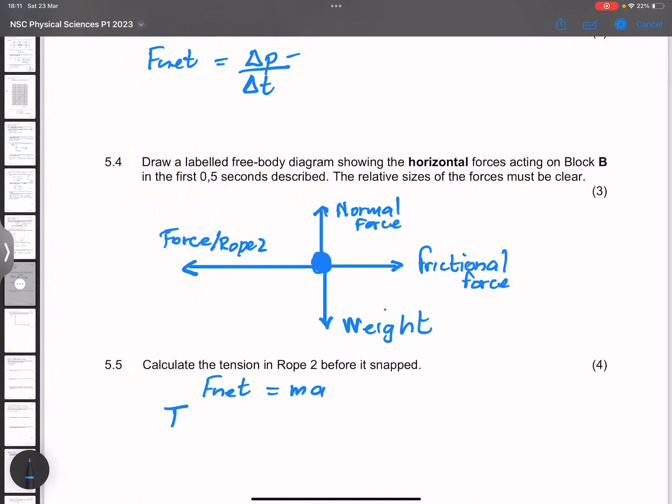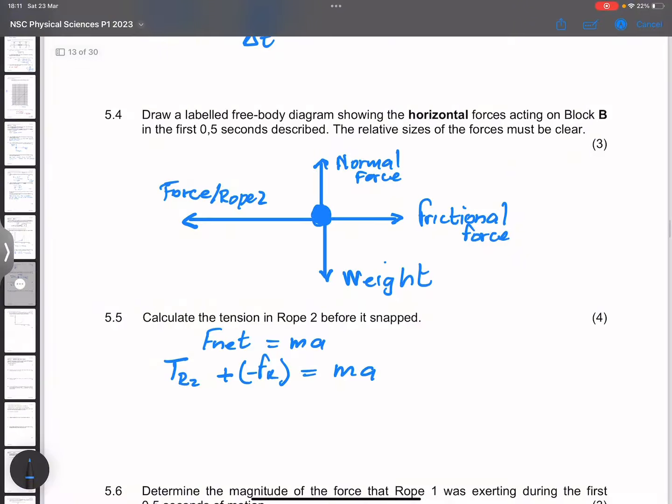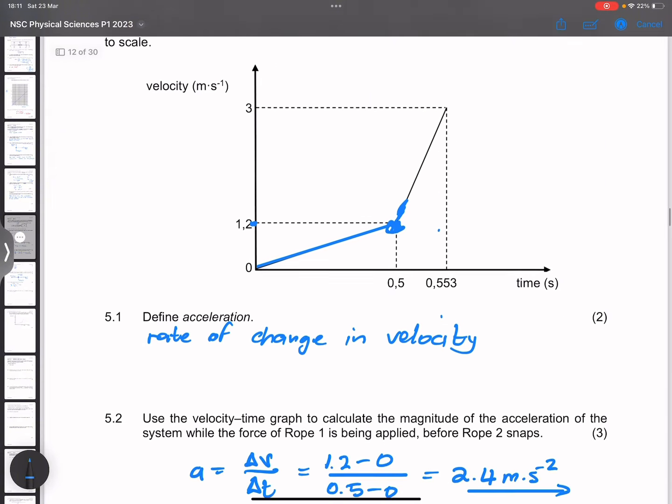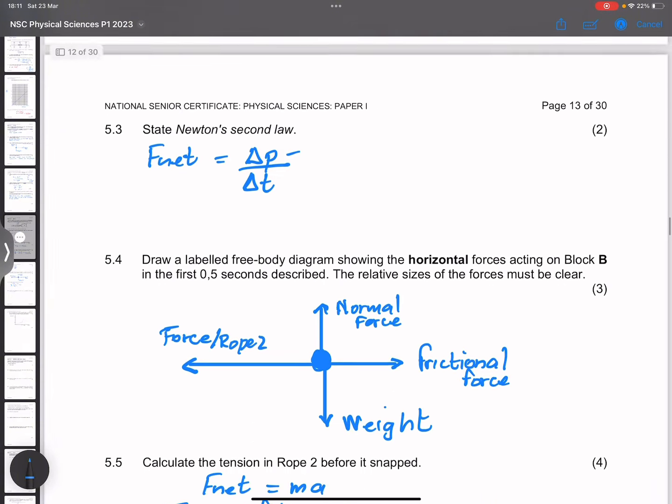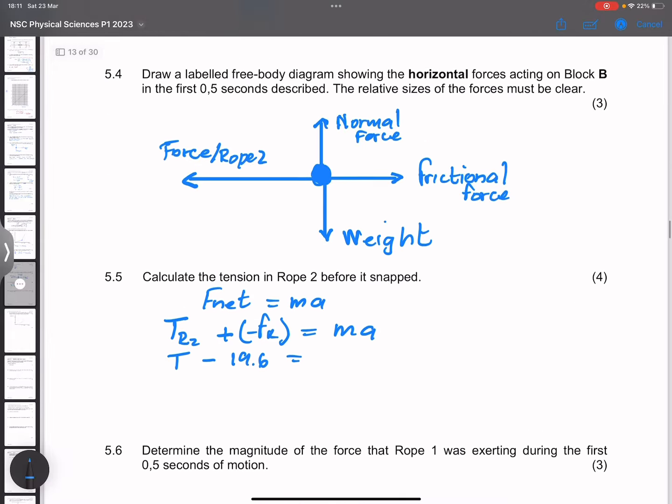It's going to be the tension of rope 2 minus, we can say plus a negative frictional force, and this is equal to MA. Remember, we're just looking at block B, so I'm looking for that tension minus the frictional force. They said is 19.6. And this is the mass. What's the mass? That's 5 kilograms.